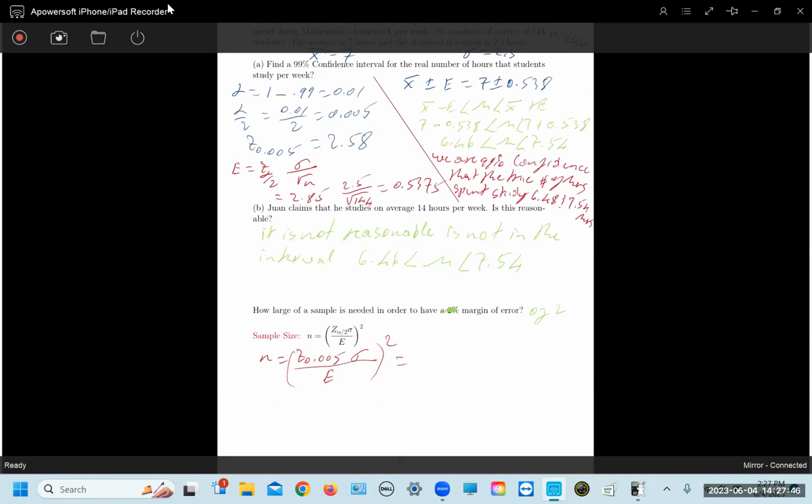So this one is 2.58, 2.5, and this one is 2. So squared, we get 104.006, so this should be 104, approximately.